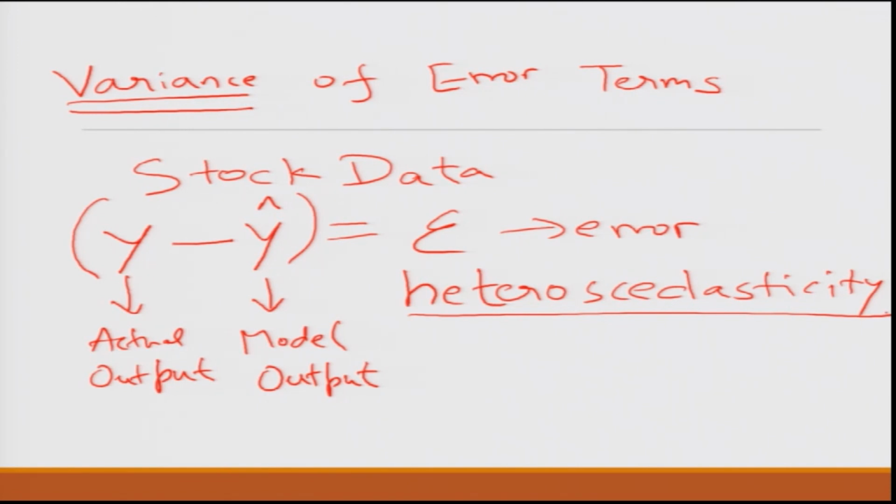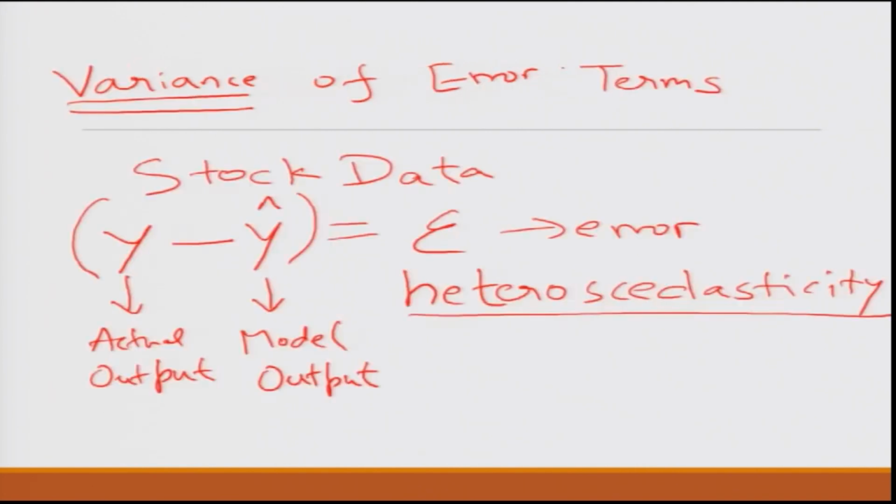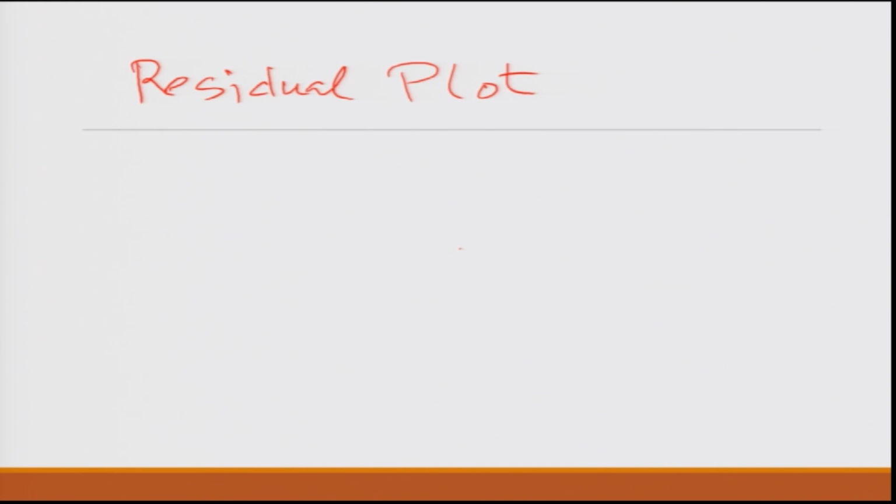But in case you have variance in the error terms, this is again an issue, and one of the ways you look at it is through something called a residual plot. So, what you do is, if you recall in the previous slide, we had these errors. So, you plot these errors.